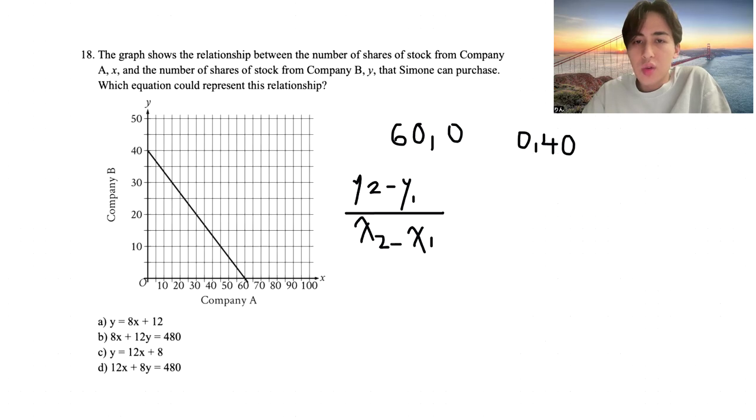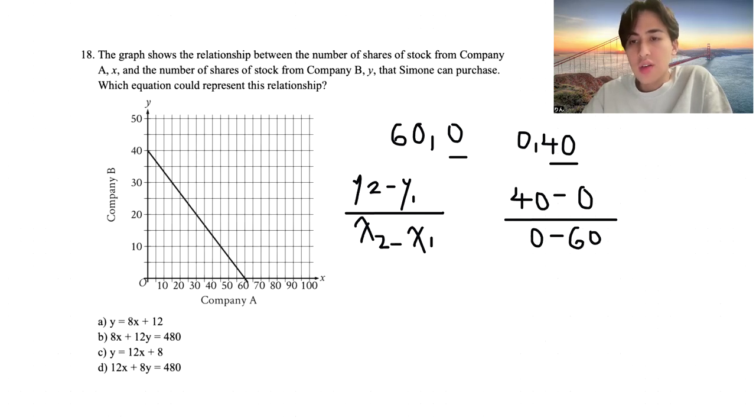So we can make this y2 and make this y1. So it's 40 minus 0, which is just 40, and then 0 minus 60.